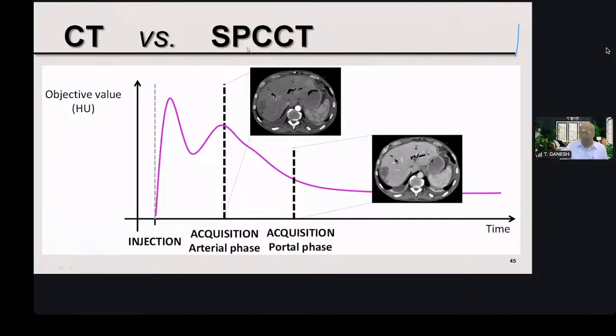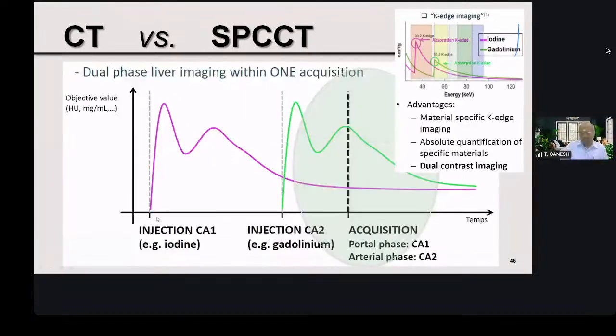But what happens with the spectral photon counting CT? We inject one contrast agent, that is iodine, and after a certain time, we inject contrast agent 2, gadolinium. And we do only one imaging here at this junction. When this is at the portal phase and this is at the arterial phase.